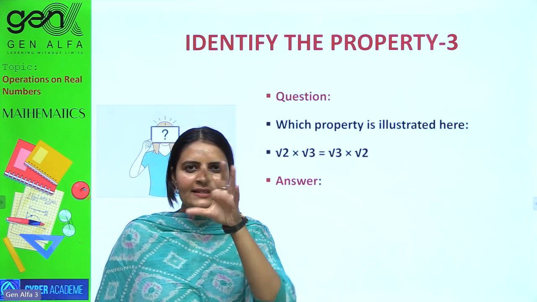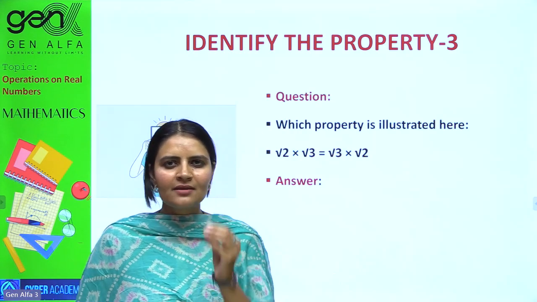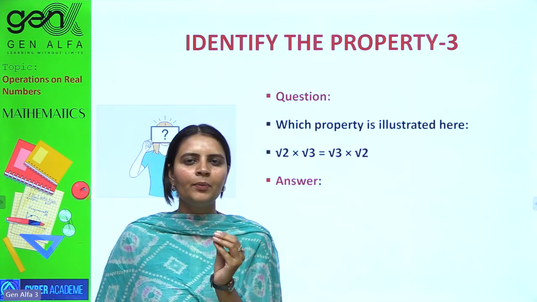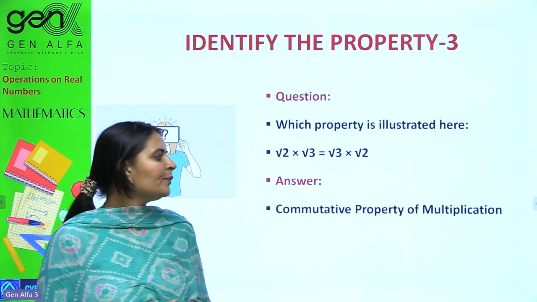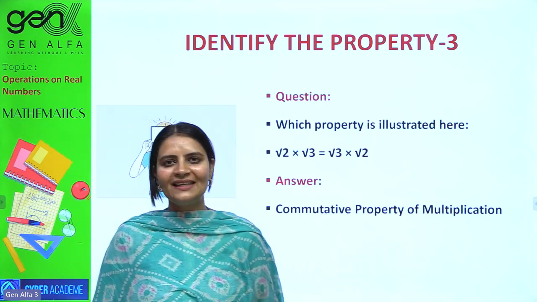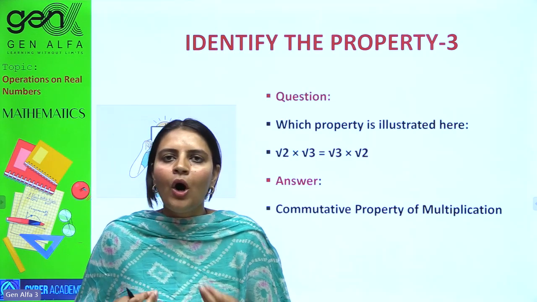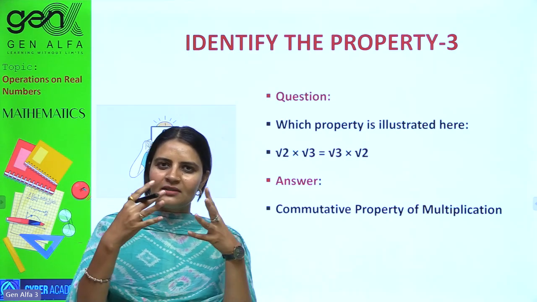Here the order is getting flipped. Just a matter of order. The property is, say it loud, commutativity. Yes, commutative property of multiplication. Grouping property means associativity. Order property means commutativity.